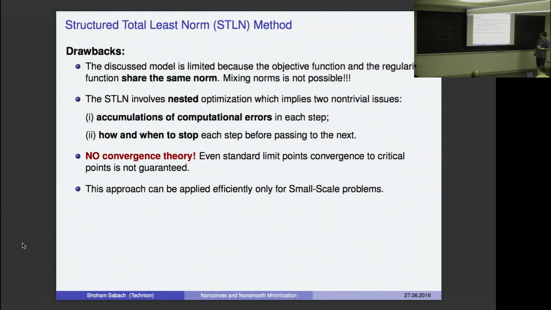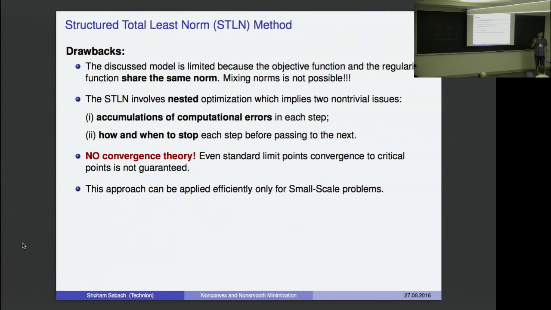More than that, the algorithm is a Gauss-Newton from the outside, but at each iteration you need to solve a linear system of equations for the inner iterations, which of course is a nested scheme, which causes a lot of numerical accumulations of error. On top of that, there are no convergence results for their algorithm.